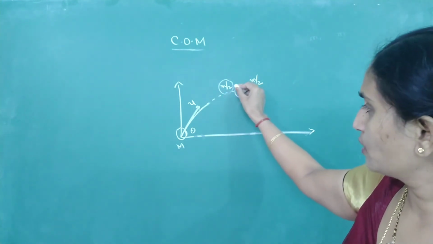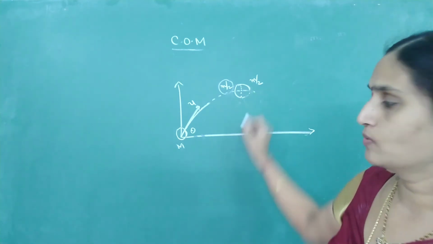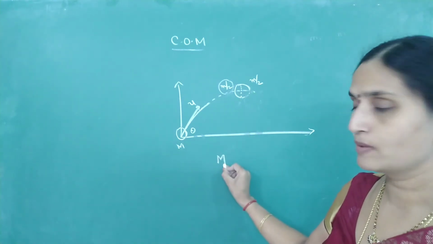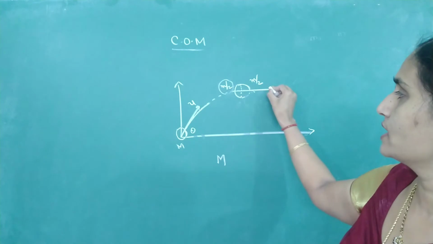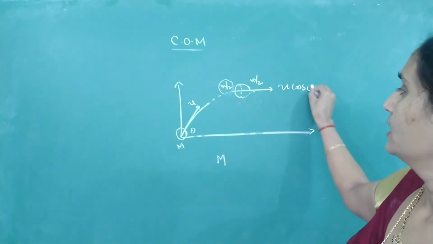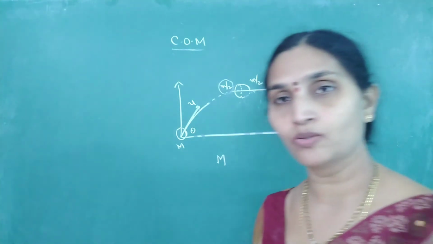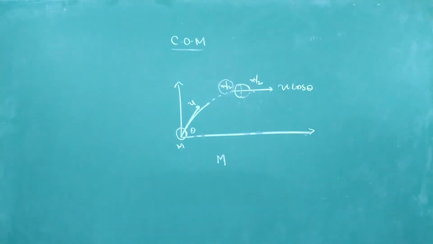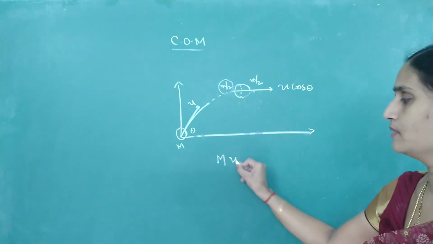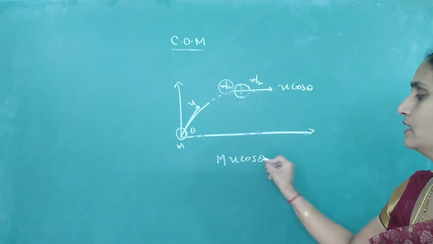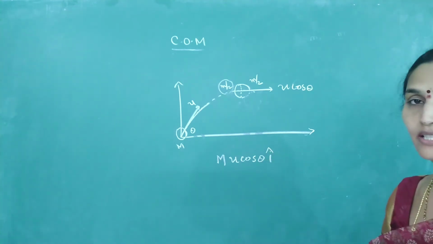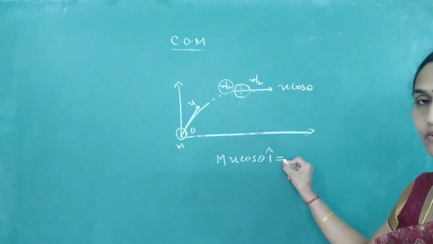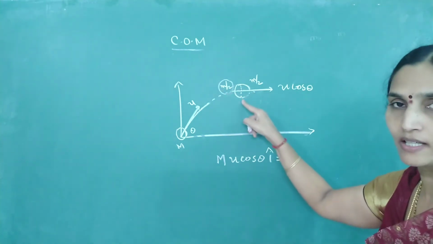Now when this explosive reaches the highest point, what is its initial momentum? Remember, it's not 0. We know the velocity at the highest point of a projectile: it has a horizontal component of velocity u cos theta. So total momentum before exploding, M u cos theta i cap, don't forget to write directions, should be equal to the momentum after it explodes into 2 particles.